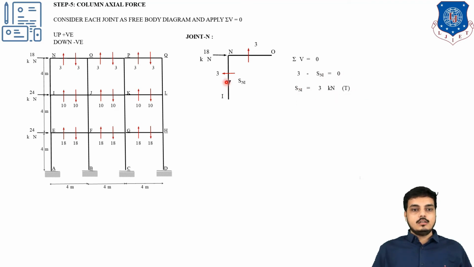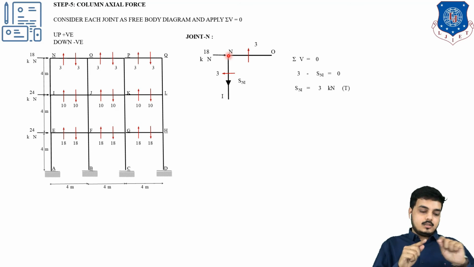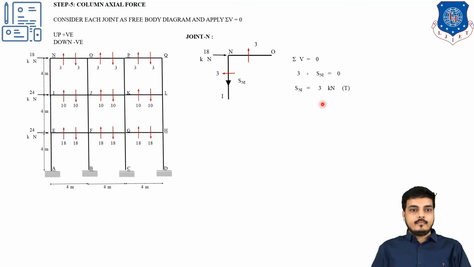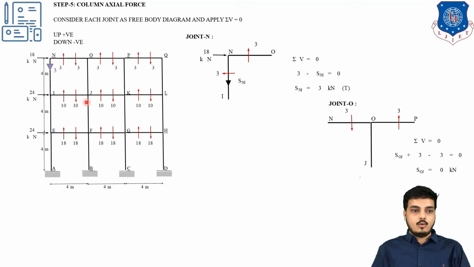Now how is it tension? Look, if I am standing on this point, that SNI is going away. If something is going away, it is pulling it. So it is in a tension zone. Next is this O junction. So members are N2O, O2P and O2J. Now this one is downward, this one is upward.